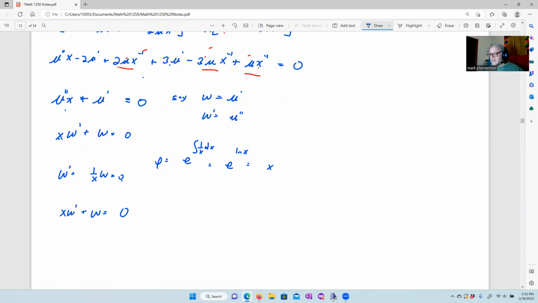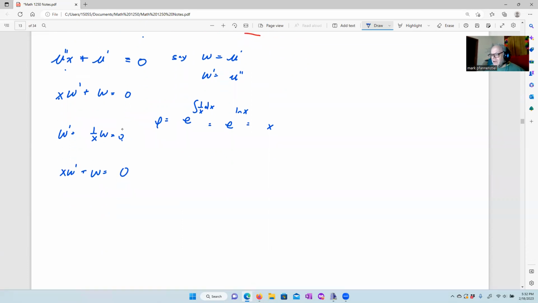So what we're going to do is say, hey, we know how to take the antiderivative of this. So this is going to be the derivative of xw equals 0. We can integrate both sides. Okay, so we're going to have xw equals a constant, or w equals some kind of a constant over x.